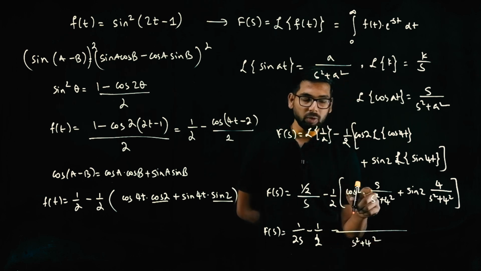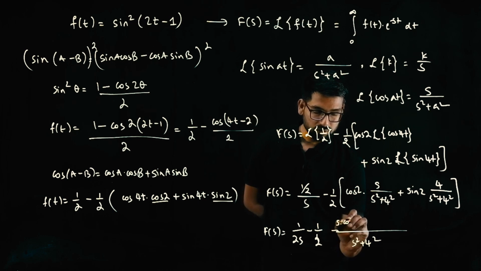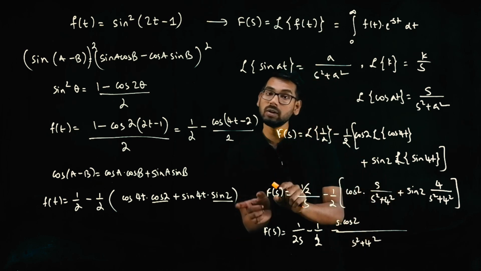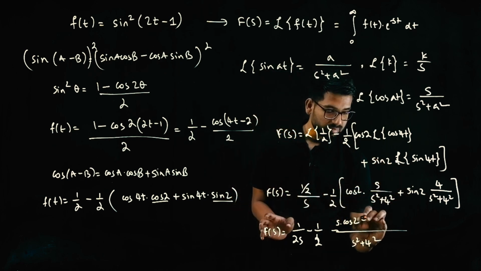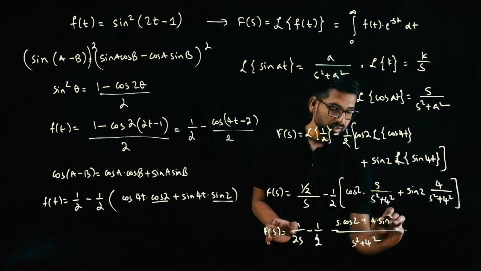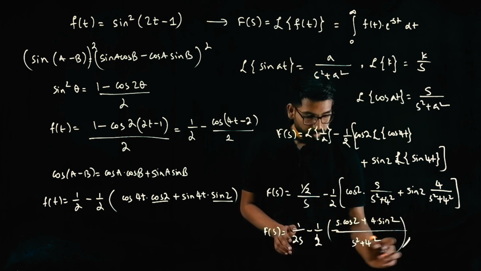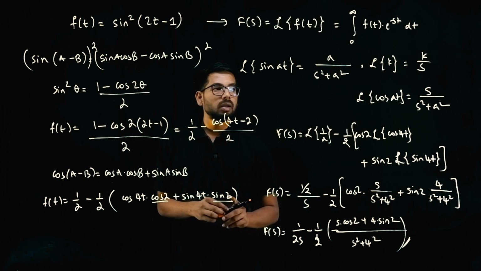In the numerator I have cos 2 into s, which I'll write as s cos 2, because if I write cos 2s, we will confuse it as cos of 2s. It is not cos of 2s, it is cos 2 into s. Plus 4 into sine 2, over s square plus 4 square. So this is the Laplace transform of sine square 2t minus 1.